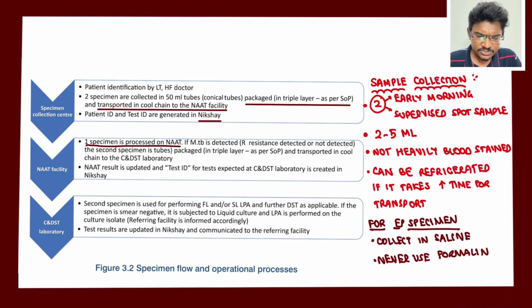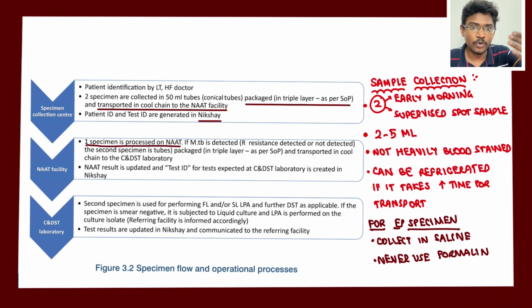Next, this is the specimen collection center. They are collecting it in 50 ml tubes and packed in triple layer, like how we do it for the COVID sample. Same procedure they will be following here also. One specimen is processed by your CBNAAT technique.